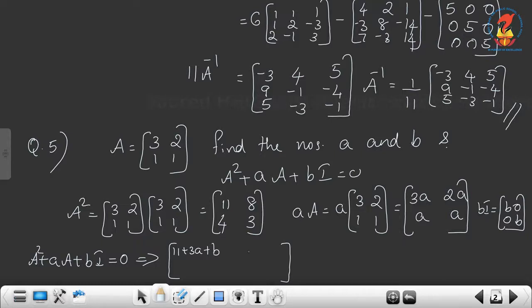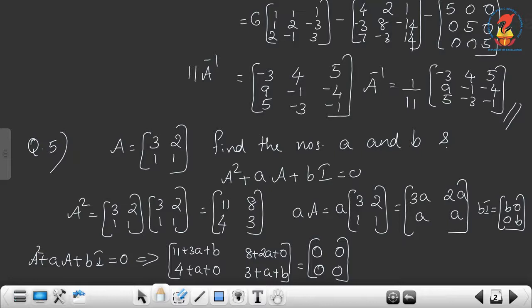Next element is 8 plus 2a plus 0. Then next row 4 plus a plus 0. Then 3 plus a plus b is equal to 0 matrix. So write as a 2 by 2 matrix.